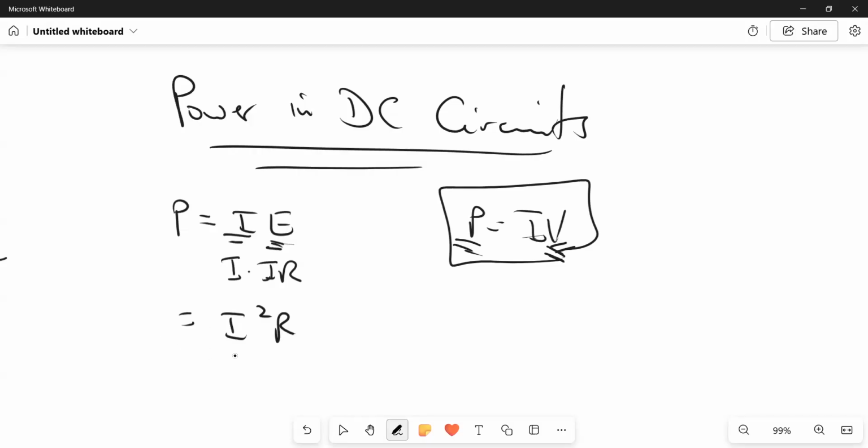And herein, there's another form of the equation. P is also equal to E squared over R. That's another one.